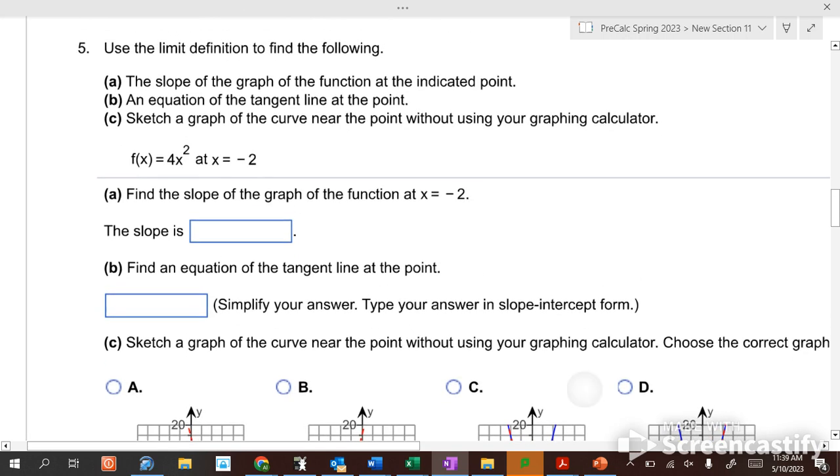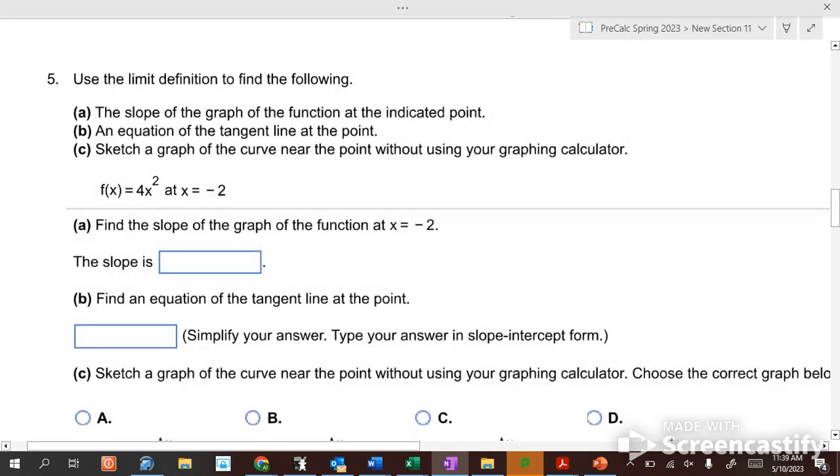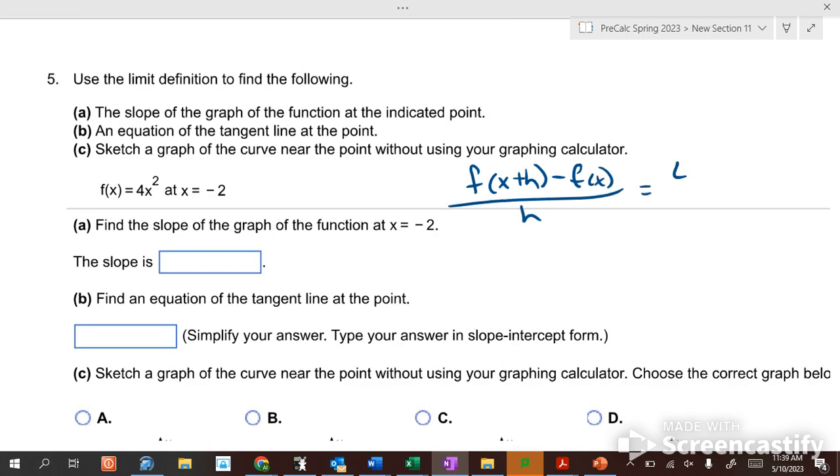Okay? I'm going to do the same thing here, and then find the tangent line, and then look at the graph. So, f of x plus h minus f of x all over h. So 4 times x plus h squared minus 4x squared all over h.